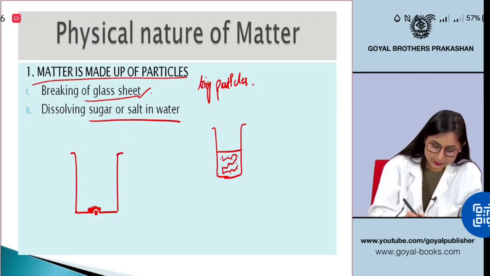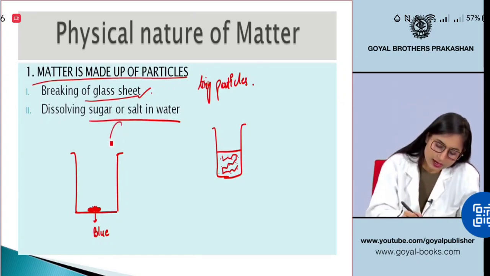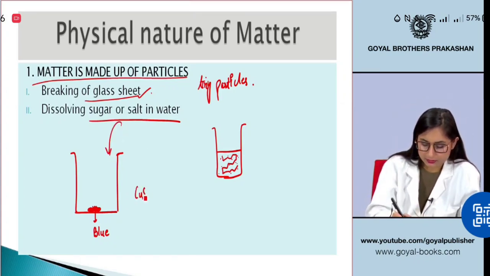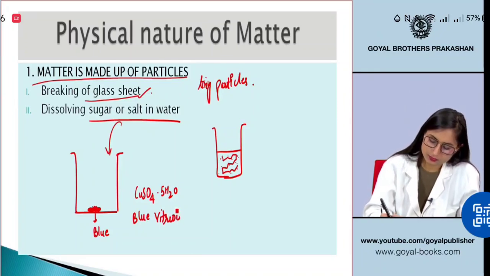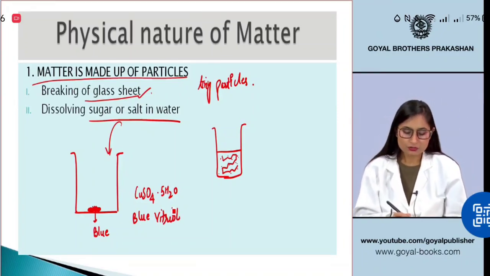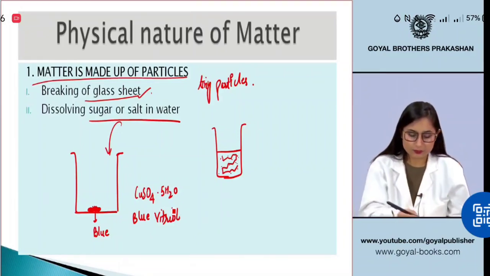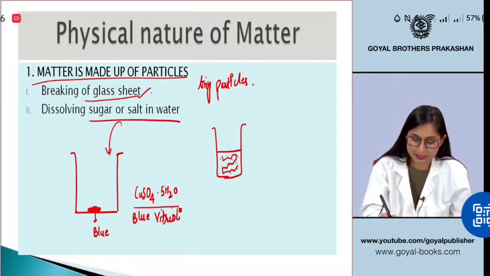These are blue in color. Now you add some water to it. Copper sulfate is this compound. We also call it blue vitriol. So in this beaker in which we already have copper sulfate, you add water.